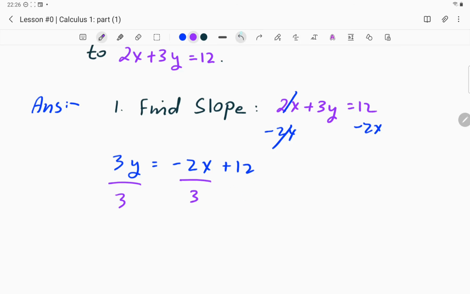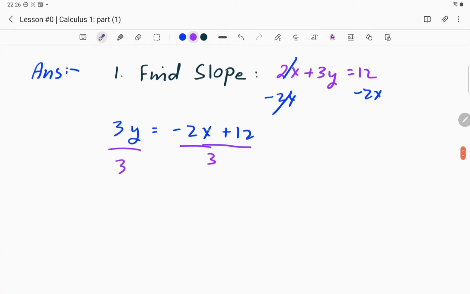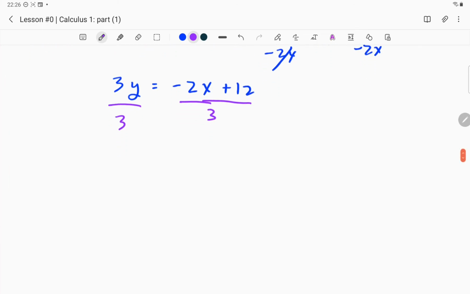Sometimes you'll see this in some of his steps, but that basically means you divide all terms on each side by 3. Okay, so that gives you y equals negative 2 over 3 x, right?